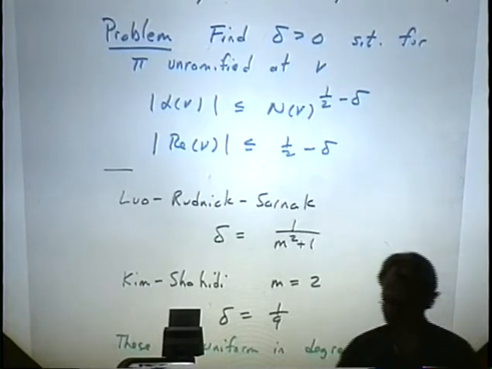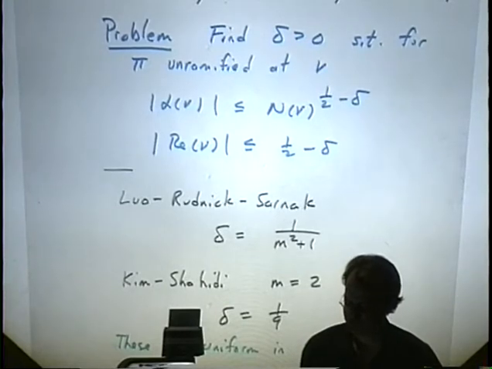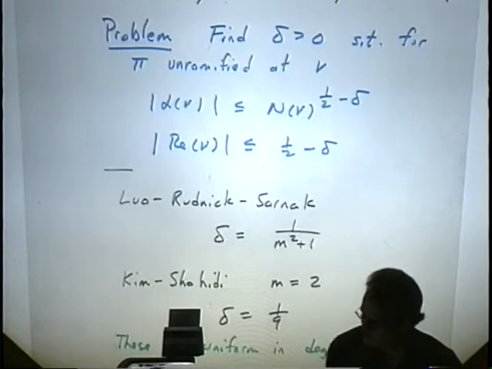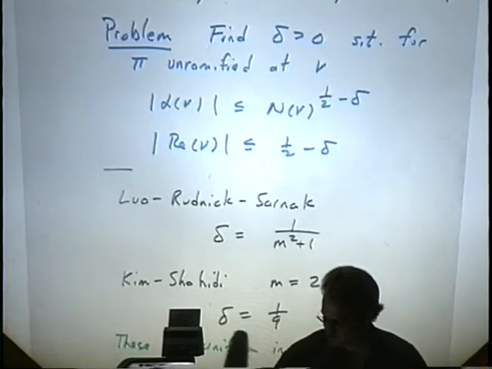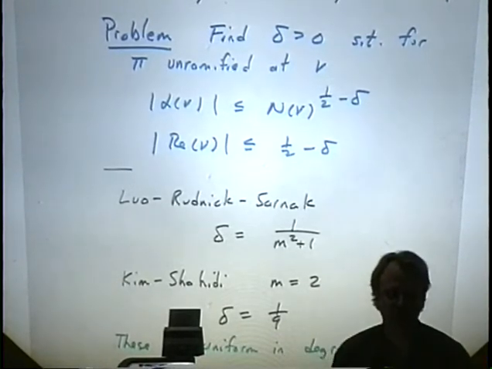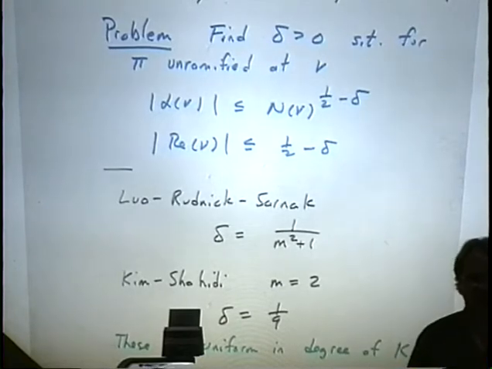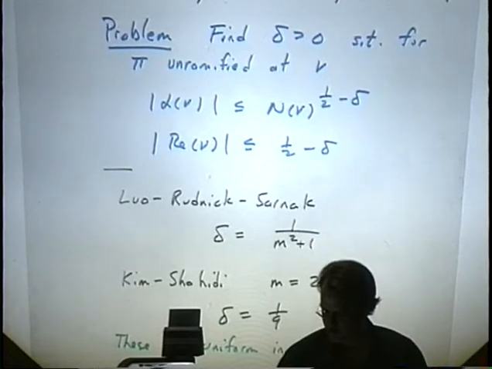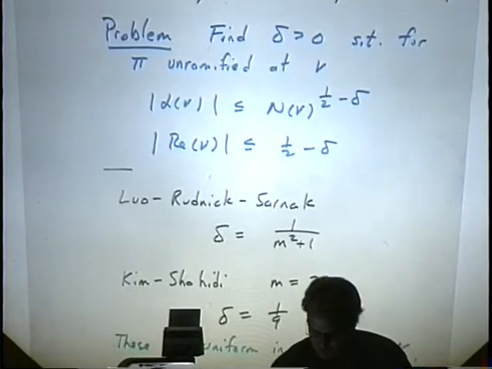However, for the Ramanujan conjecture, it's turned out that you get such uniform estimates. And Shahidi observed this about 10 years ago when he got an estimate of 1/5, which is uniform in the number field. It's really an astonishing thing, the uniformity in the number field.